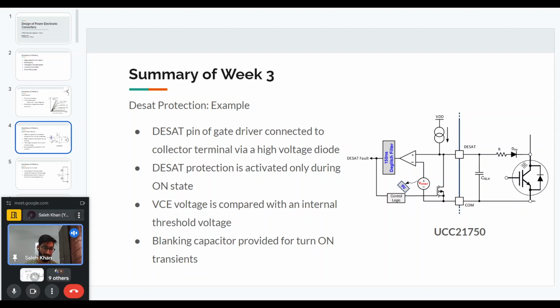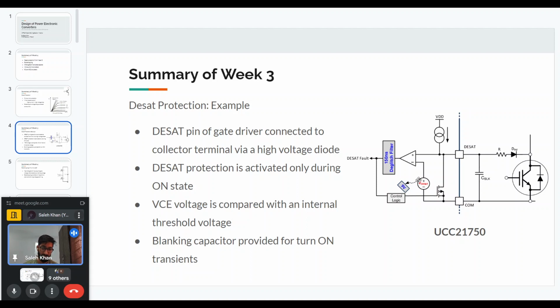But when the device is on, the voltage drop across the device will be very less. So in that case, the diode will actually be forward biased, and there will be a current that can be pushed through the DESAT pin. And so in this particular IC, they have a constant current source here. And inside the IC, they have a threshold.